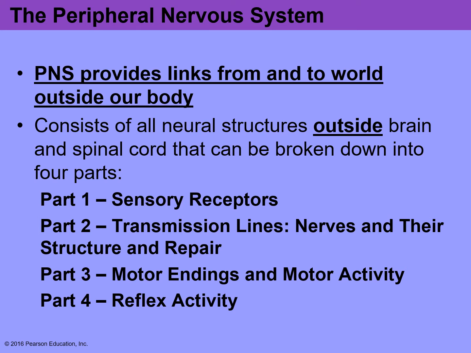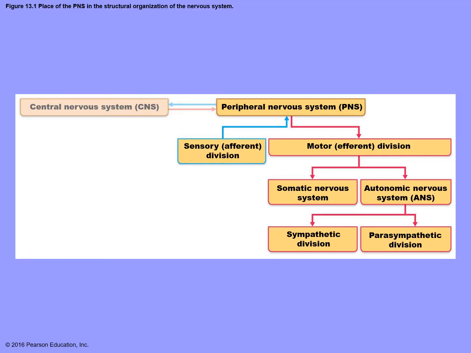So we're going to look at all aspects of this. The peripheral nervous system can be divided, as many things are, into subdivisions. When you look at the peripheral nervous system, first you can divide it into the sensory or afferent division and the motor or efferent division.